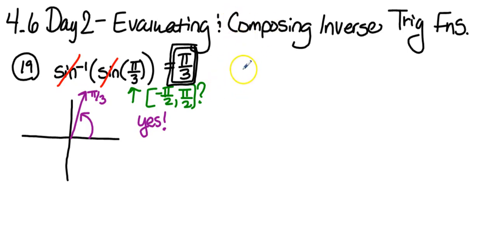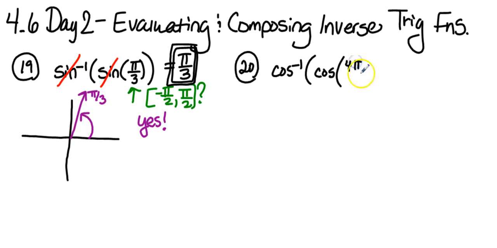Number 20 says cosine inverse of cosine of 4 pi divided by 3. Once again, it might be tempting to say that cosine inverse cancels with cosine, but we have to check first, does this angle fall into the acceptable range for cosine inverse?